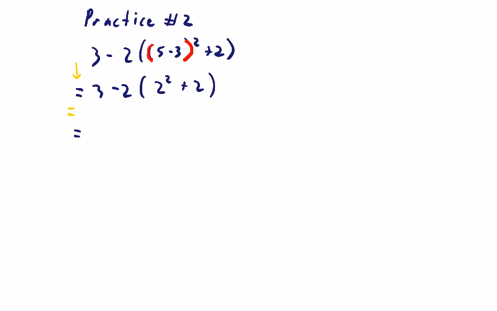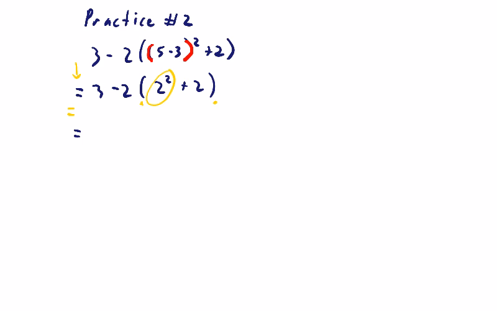So we need to figure out what the next thing would be. So we do have parentheses here, so this is a little bit more complicated, and we would think that we should do those first, but we have to do everything inside of the parentheses before completing any other operations. So inside of the parentheses, we have an exponent to worry about.